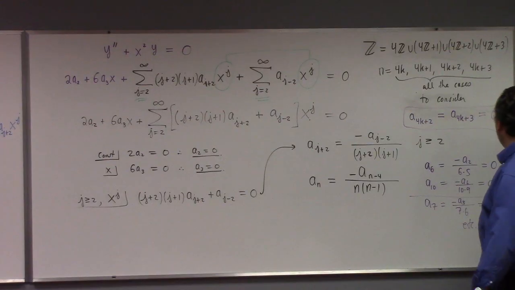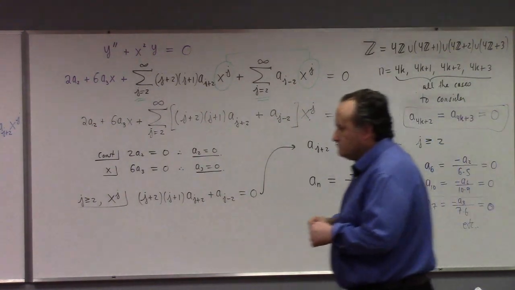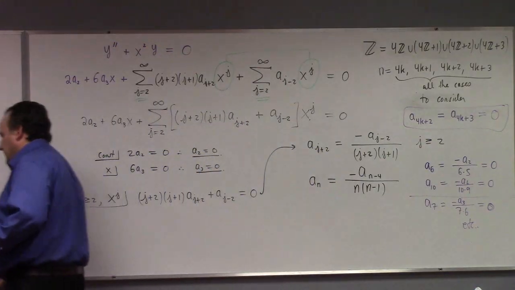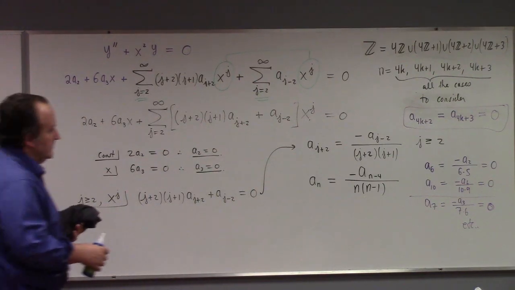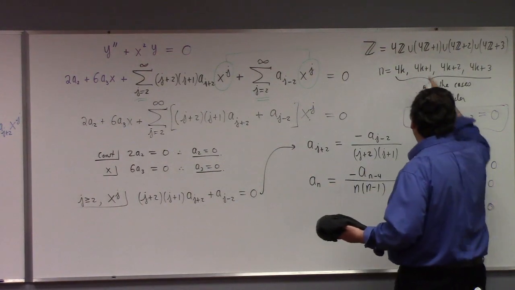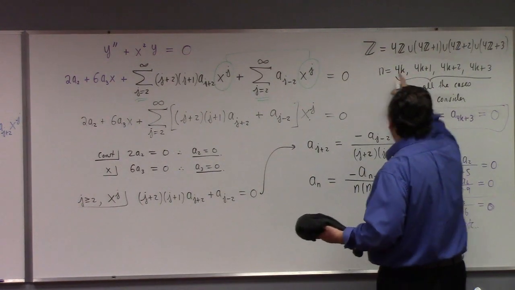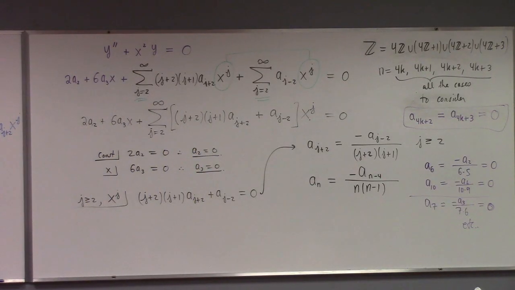So half of the story is gone right there. But that's not everything, right? What else do we have to deal with? The other kinds of things: we've got the 4k plus 1, and we've also got the 4k kind of things. So let's analyze those over here.